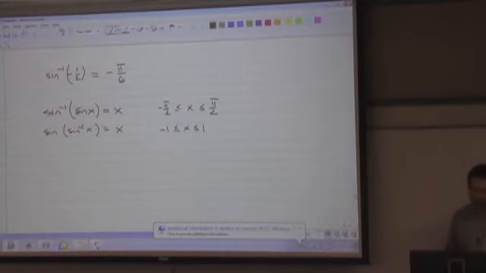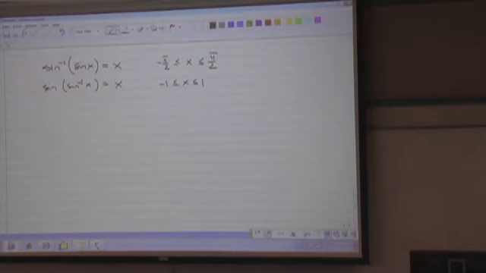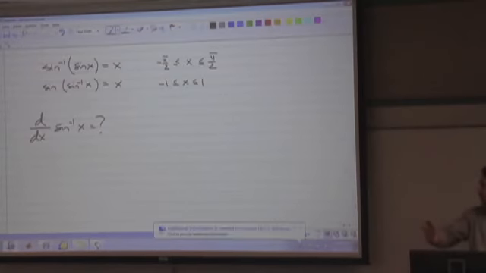Okay. So then the question would be, what is the derivative of sine inverse of x? Let me quickly squash any thoughts about the fact that the derivative would be cosine inverse of x. That would have been off. Okay?